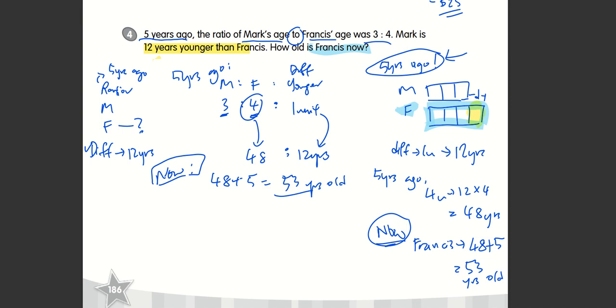So some of us may make the mistake of multiplying by 5, thinking that it is a unit, or multiplying by 12. So you've got to be clear that the 5 years ago was not part of the ratio.